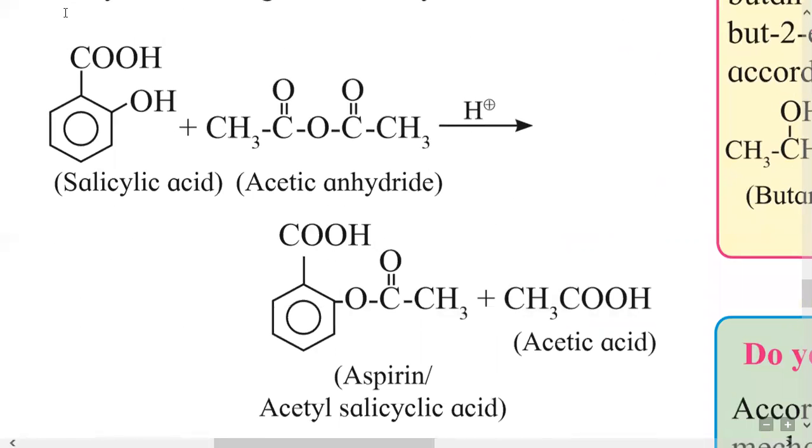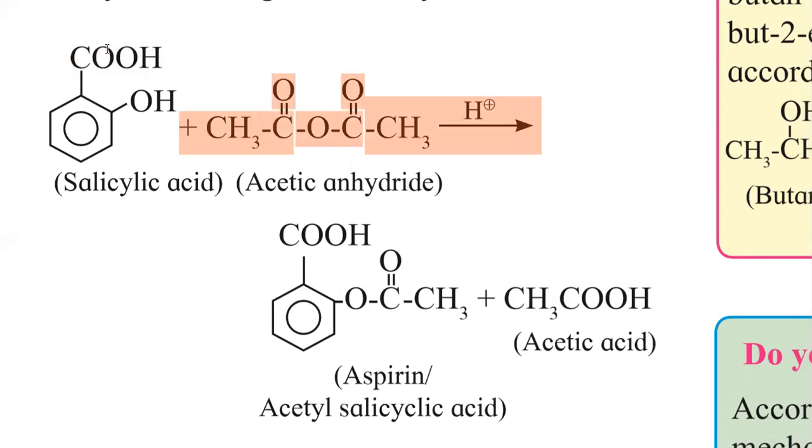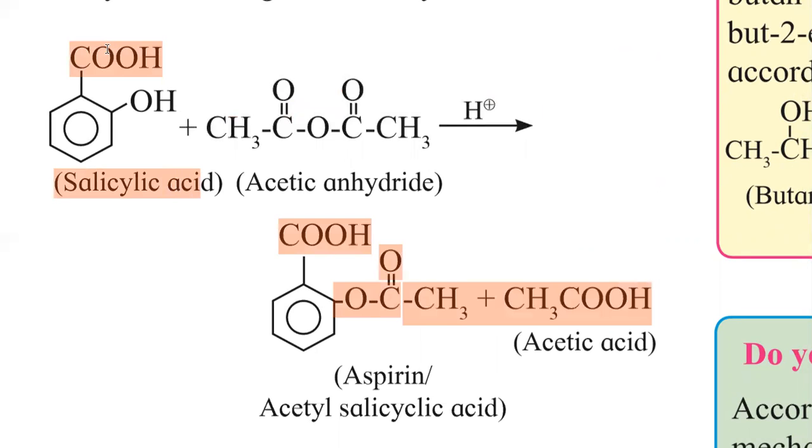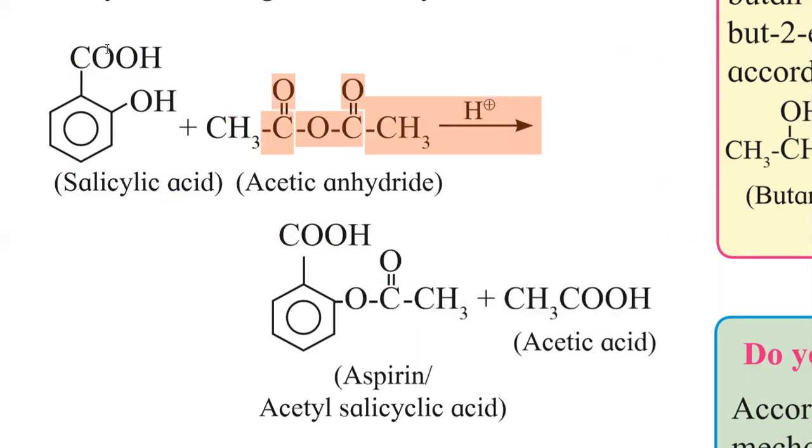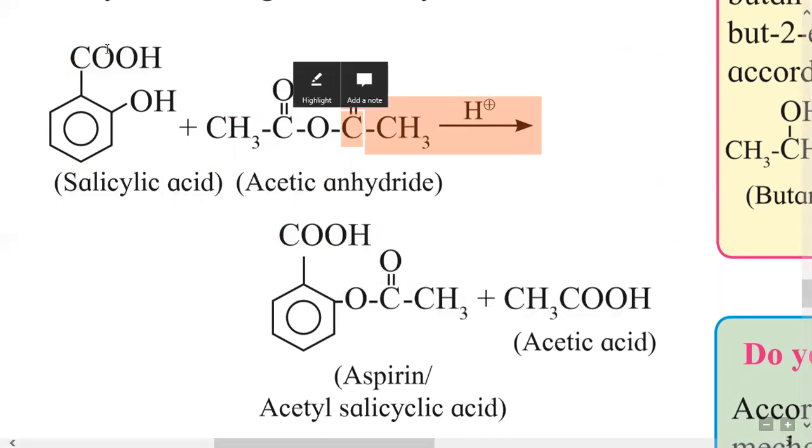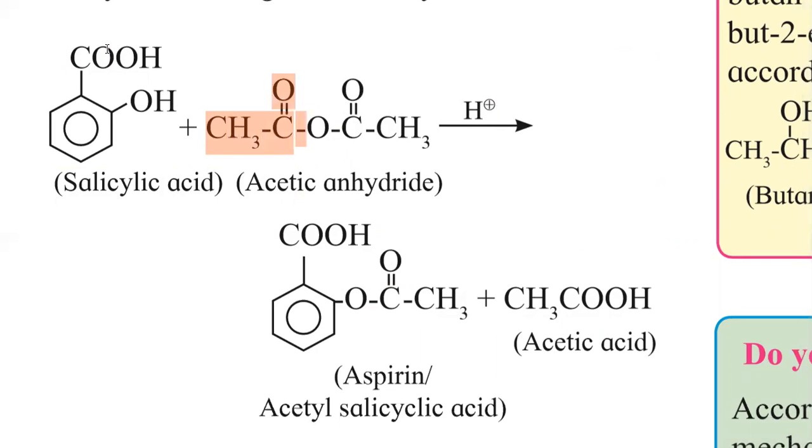The reaction is this: this is salicylic acid, that is phenol containing a carboxylic acid group at the ortho position. When it reacts with acetic anhydride, CH3-C=O-O-C=O-CH3, this reaction takes place in the presence of H+, that is in the presence of acid.